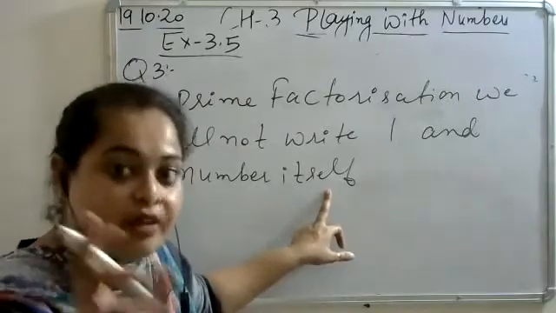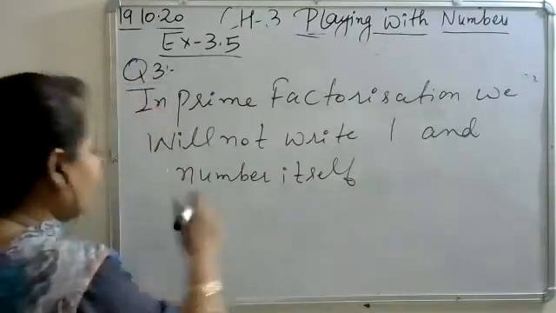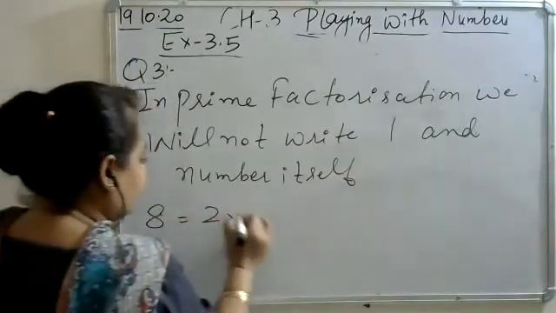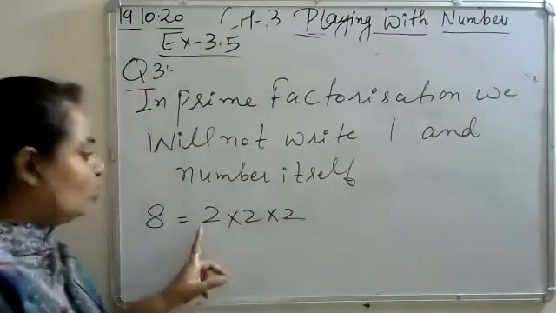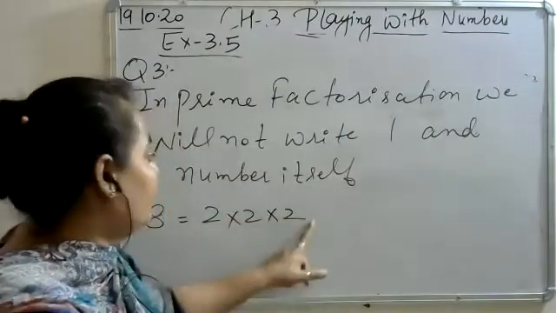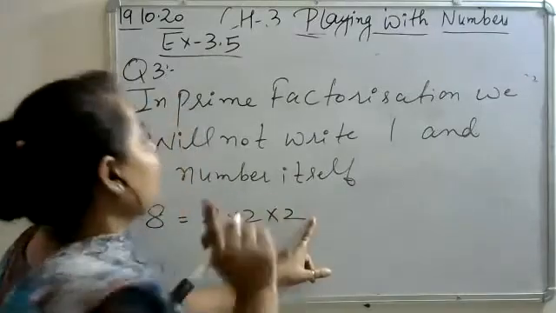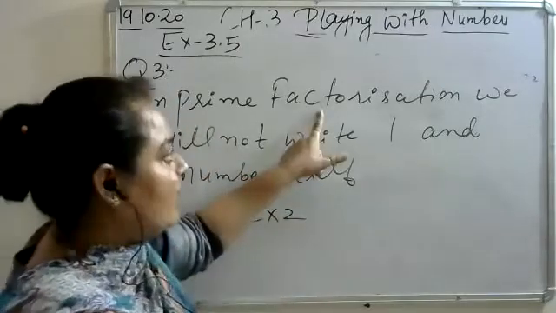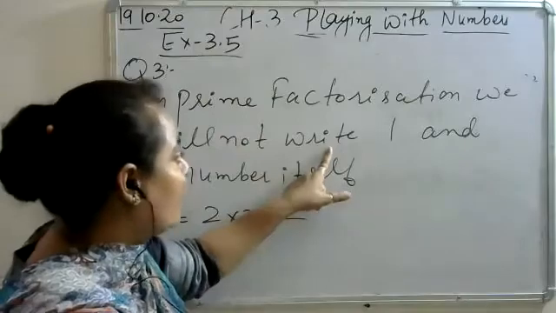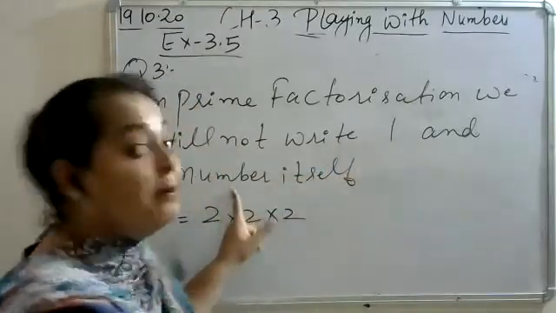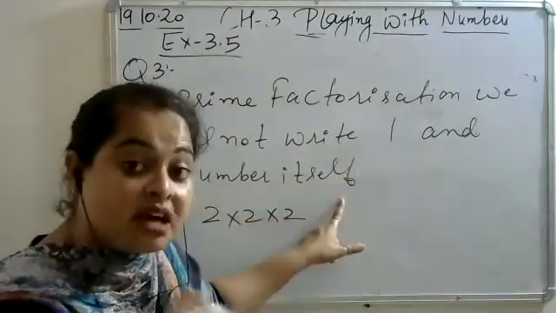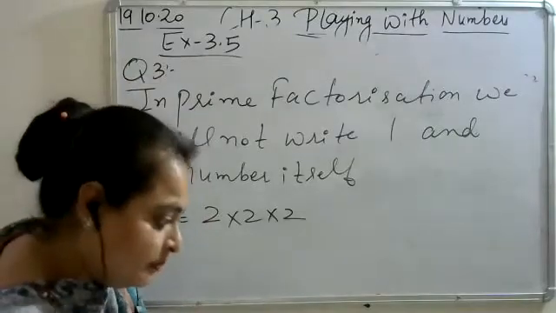But in prime factorization, one and number itself are not written. So this is the result. In prime factorization, we will not write one and number itself. This is the concept. Okay?